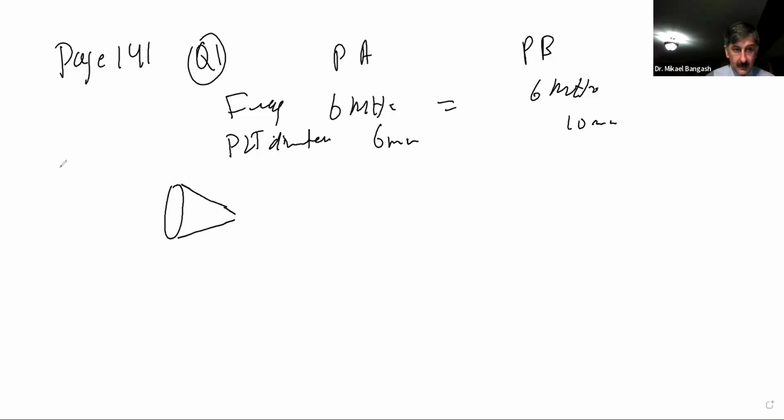These questions are about what we call beam divergence. Clear? Now more compact in far field or far zone. What they mean by more compact is going to be less divergence.